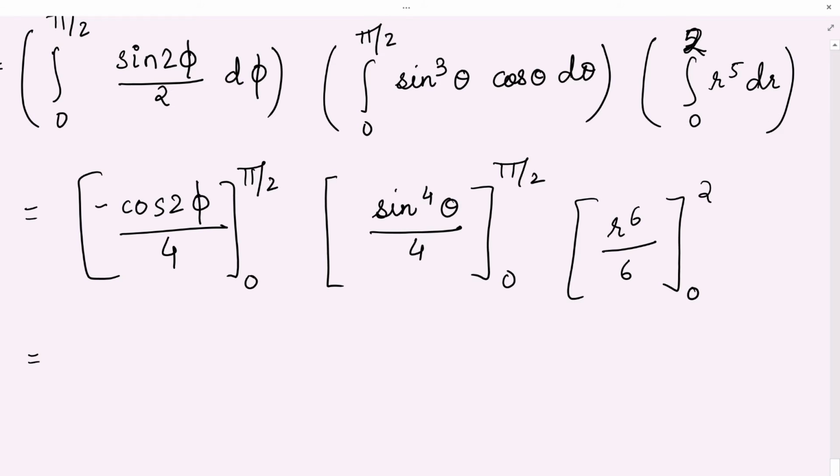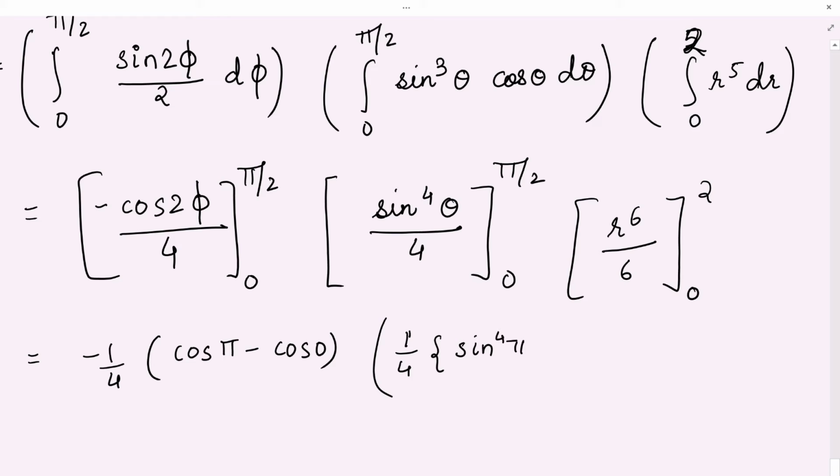So let us substitute the limits. So you'll have minus 1 by 4 cos pi minus cos 0. Here you'll have 1 by 4 sine raised to 4 pi by 2 minus sine 0. And here you'll have 2 raised to 6 by 6.